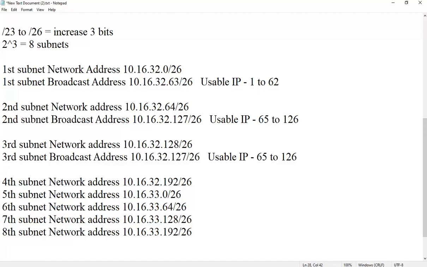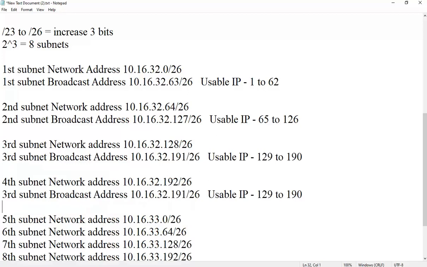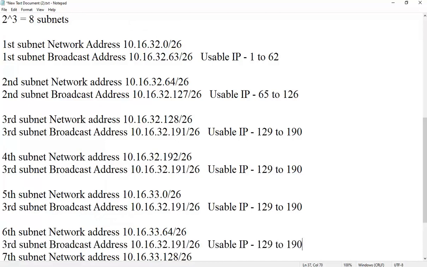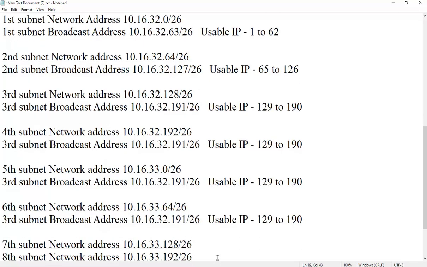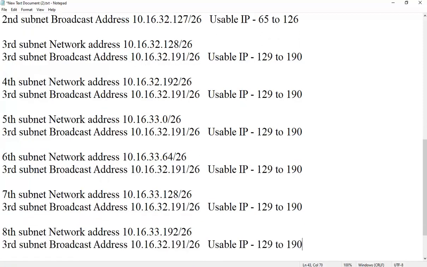It will be 192 minus 1, so it becomes 191. So usable will be 129 to 190. And basically you just keep repeating this step for the fourth, the fifth, the sixth subnet, the seventh subnet, and the last one is the eighth.